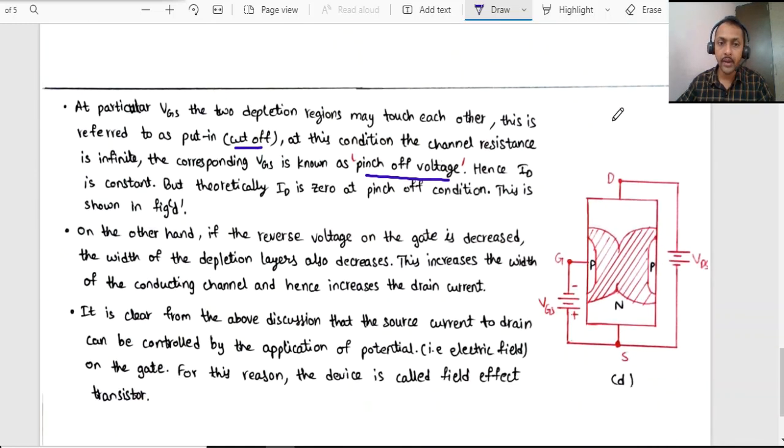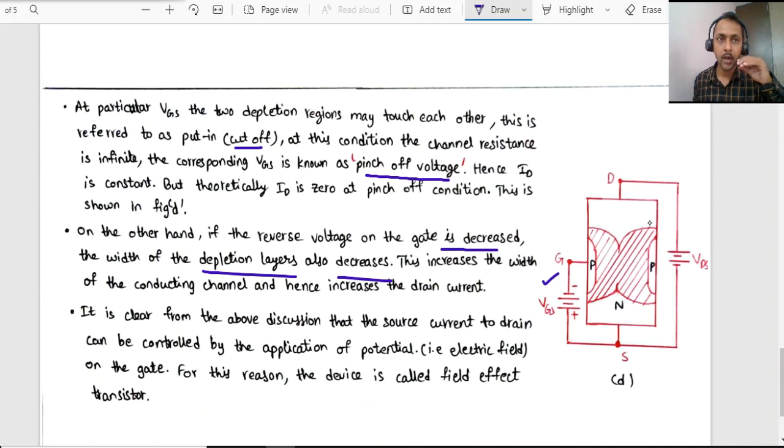On the other hand, if you decrease this VGS voltage, this reverse bias, instead of increasing, if the reverse voltage on the gate is decreased, the width of the depletion layer also decreases, the resistance decreases, and more current will flow from source to drain.